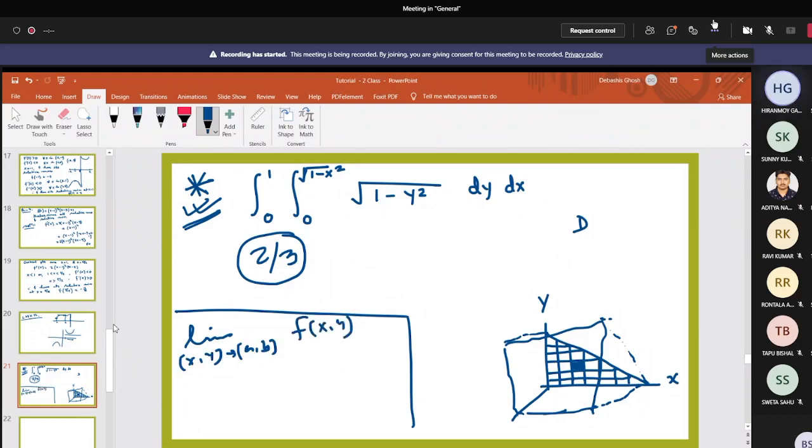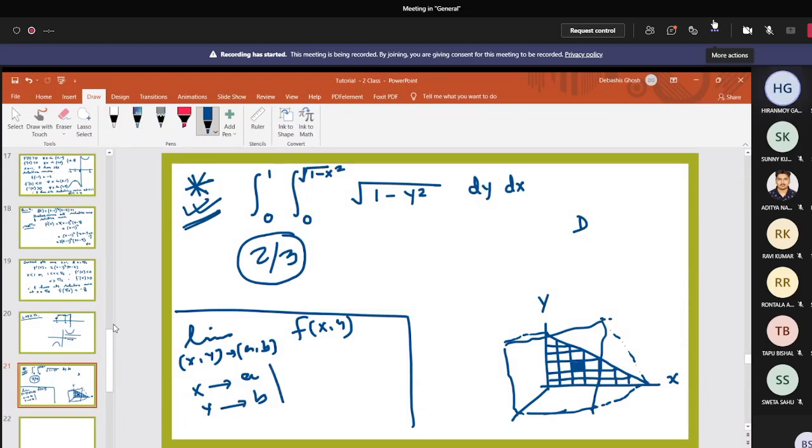Whenever you are going to evaluate this, you have to test whether the limit exists or not. You cannot move in your own way, that x tends towards a separately and y tends to b separately. You have to move the point (x,y) towards (a,b) as a whole, together. So for that you have to choose one path so that x and y move towards (a,b) together.